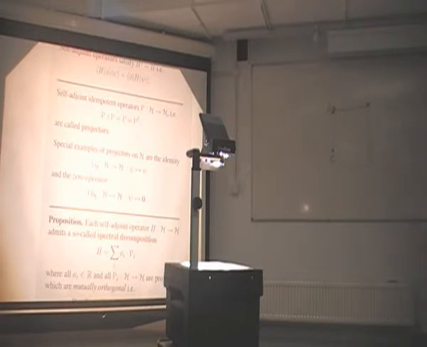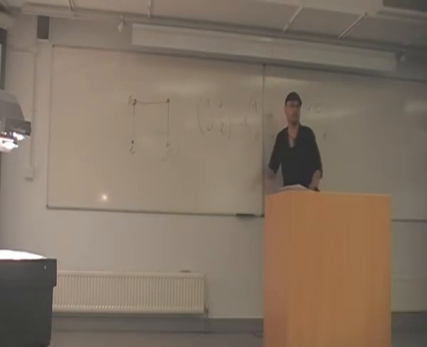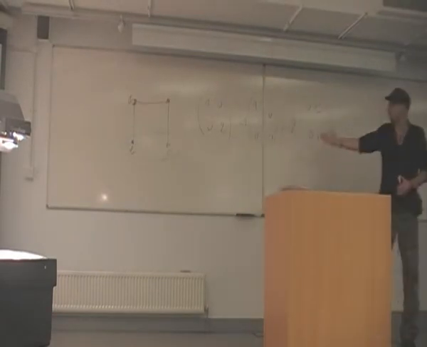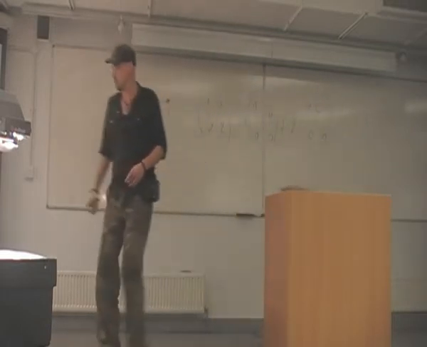Then I can write this as 1 with coefficient (1, 0), plus 2 times (0, 1). So remember my example, these two examples of projectors. Here these coefficients are the eigenvalues. So this is the spectral decomposition of a very simple self-adjoint operator.